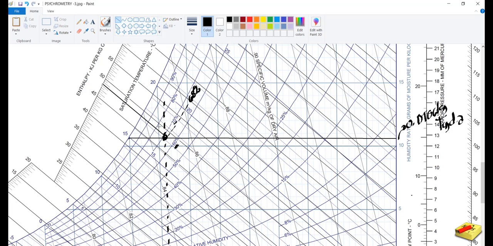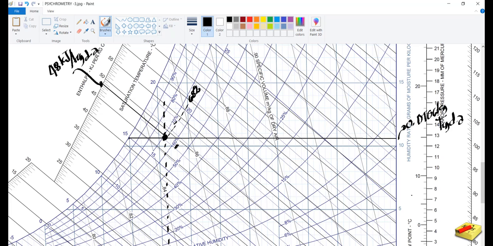This is already 50, so we can assume this is 45, 46, 47, 48. So we have a value of 48 in here, so it can be 48 kilojoule per kilogram dry air. So that is one of the advantages of using the psychrometric chart.